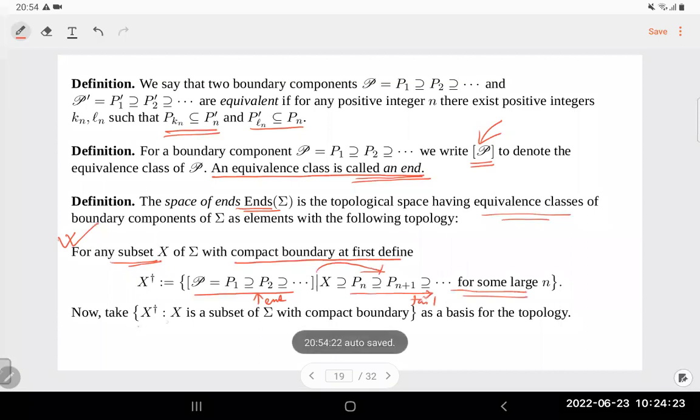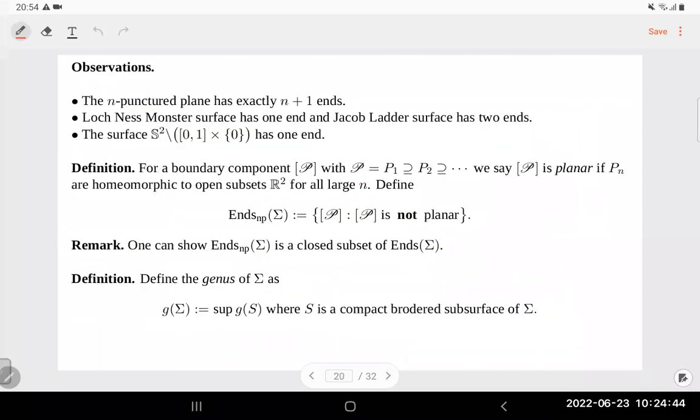Now vary X over all possibilities: X can be any subset of sigma with compact boundary. One can check that this is a basis, and this basis will give you a topology.